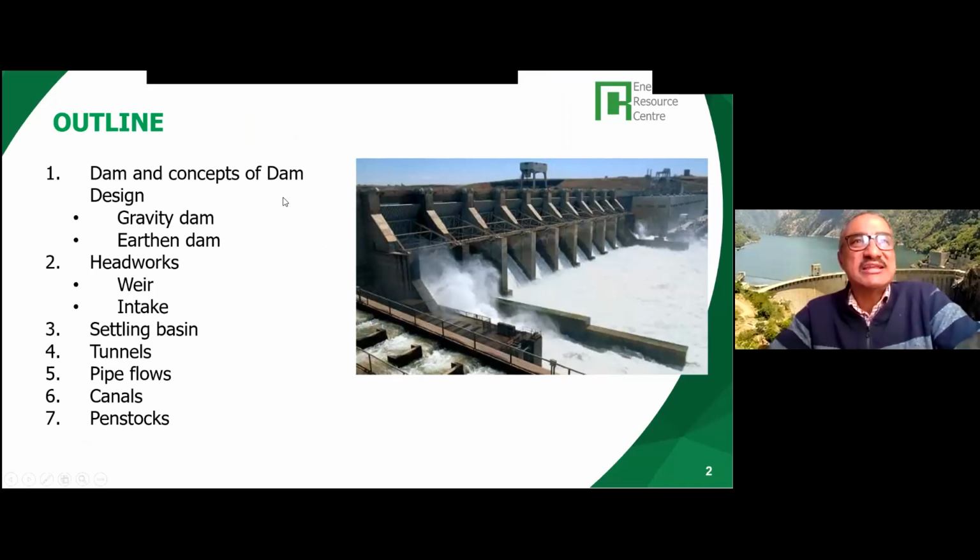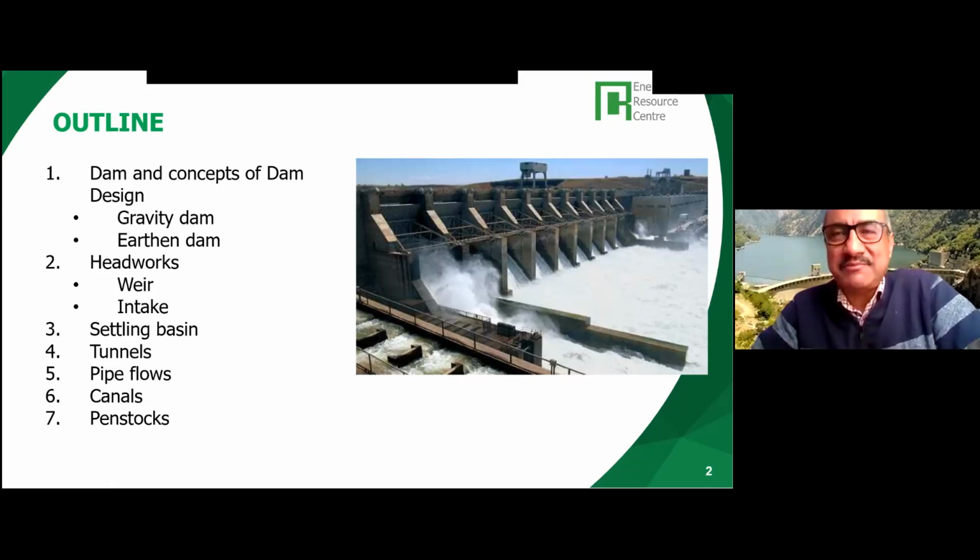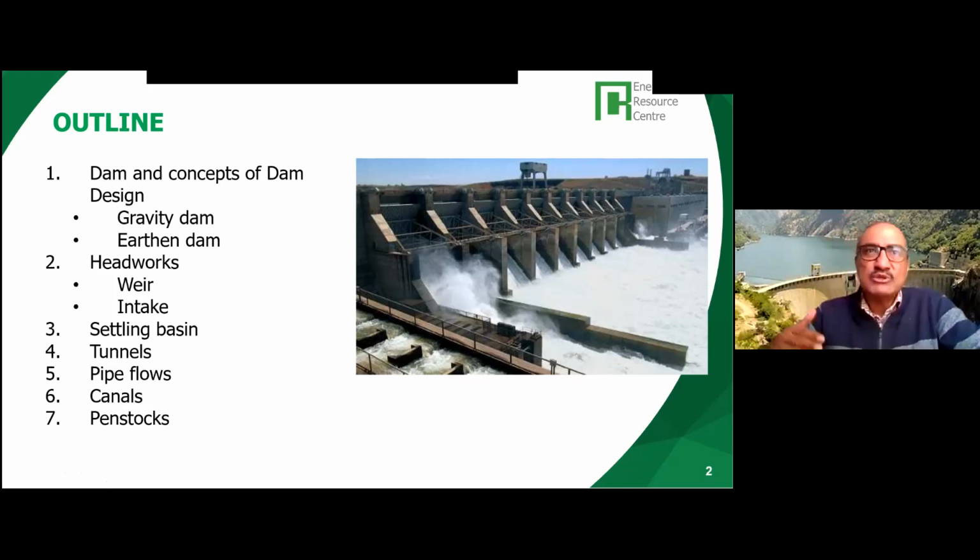So I will give some examples of dams. Then I will go to part 2: the headworks, weir, intake, settling basin, tunnels, pipe flow, canal, and penstock. I will introduce some of the computational, hydraulic design part. Just an introduction. The real exercise we will do in December and January.